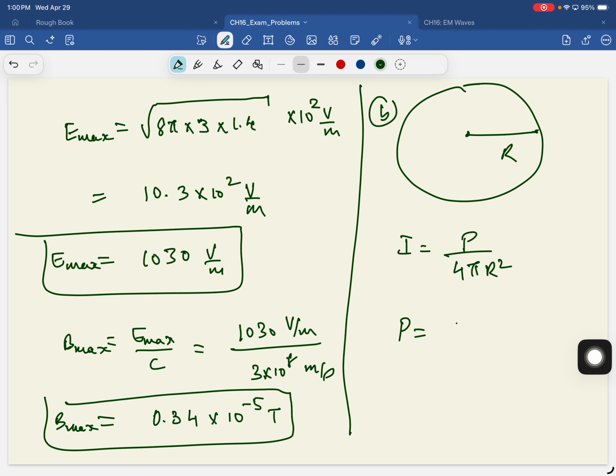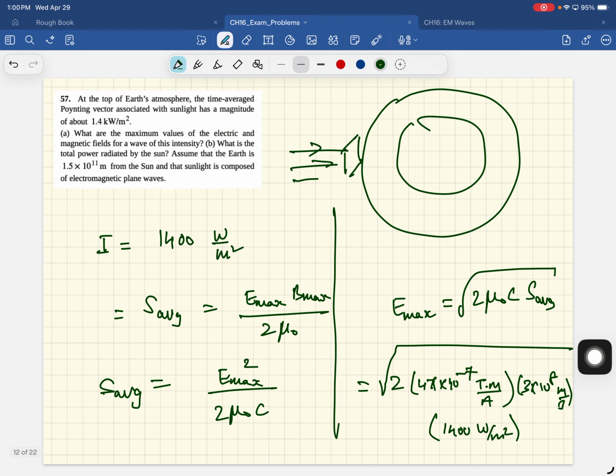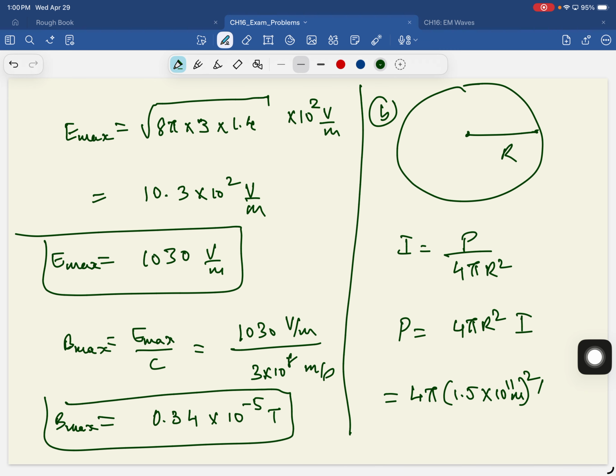So the power of the sun is 4 pi r squared times the intensity: 4 pi times 1.5 into 10 to the 11 meters squared, and intensity is 1400 watts per meter squared.